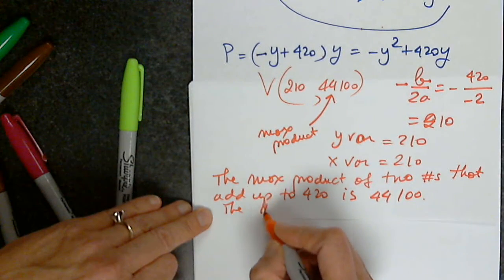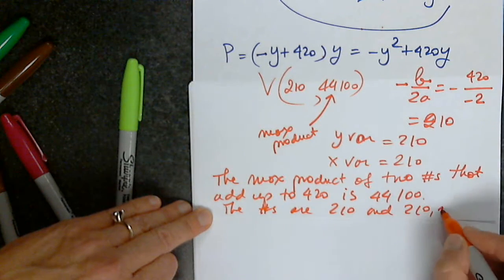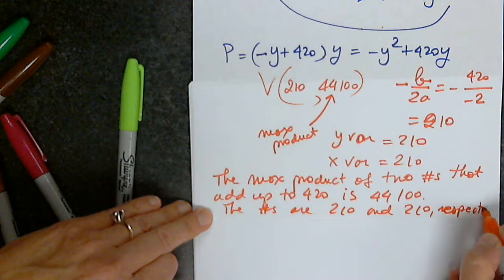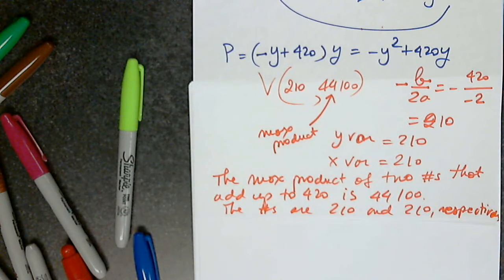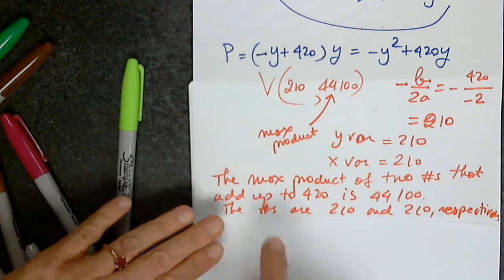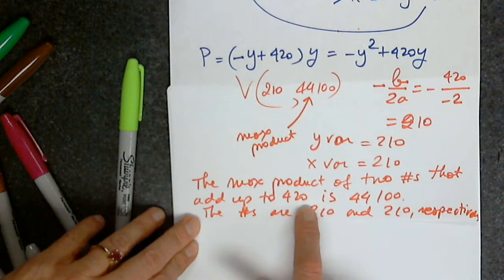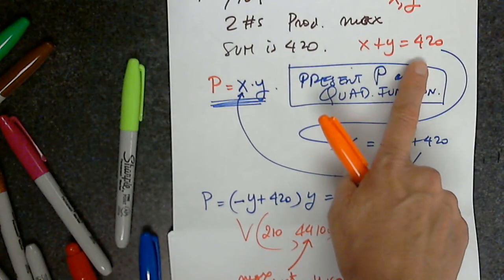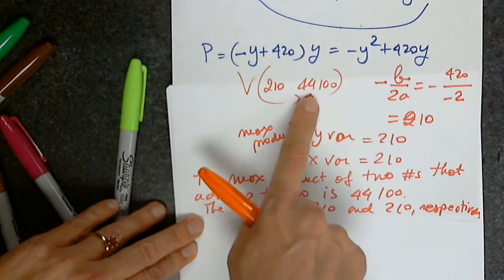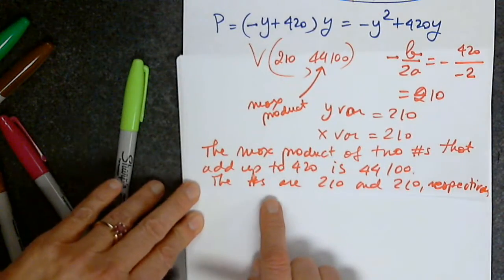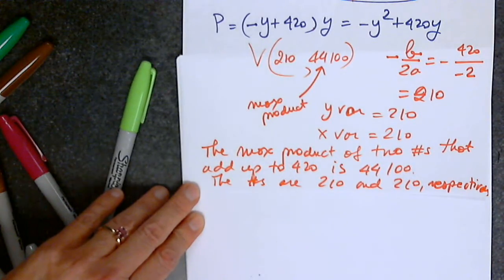The numbers are 210 and 210 respectively. I have to write this conclusion. So, the maximum product of two numbers that add up to 420, that's the condition that we were given from the beginning, is 44,100. The numbers in our problem are 210 and 210 respectively.